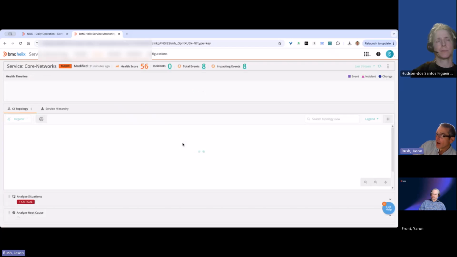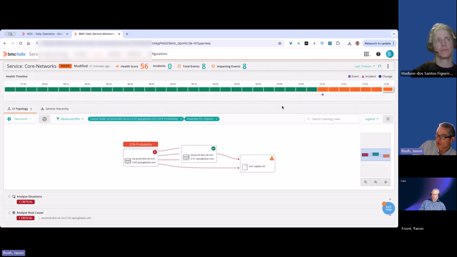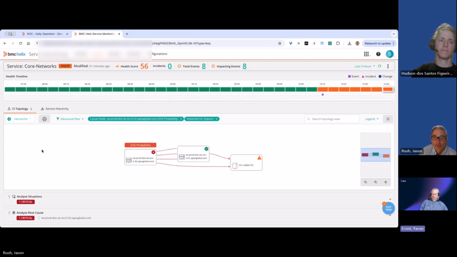There may not be a lot of situations, but there's one that happened a few minutes ago that you need to go look at, and then this tells you the probability of where to go and what to resolve. And that's a quick high-level demo of the operation of utilizing AIOps and utilizing a dashboard on top of it.